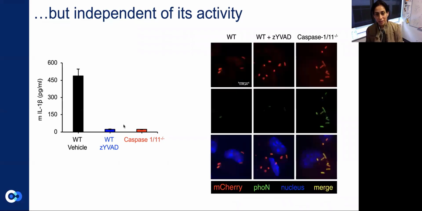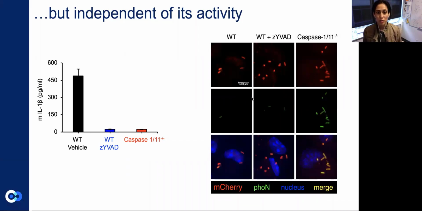And we went ahead and then queried this in situ at the single cell level. Again, we use this 4N reporter with a constitutive mCherry reporter. And basically, again, what you can see is that the bulk data is recapitulated in single cells, where bacteria housed in the caspase-1 double knockouts have higher induction of 4N.